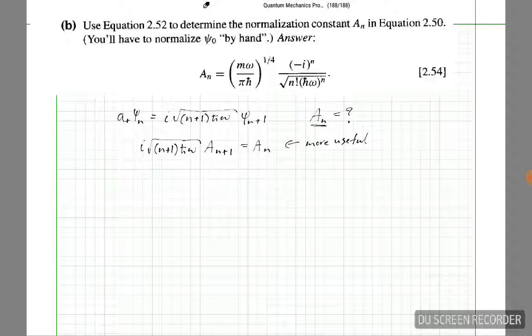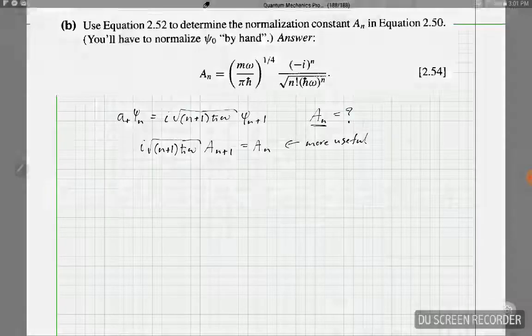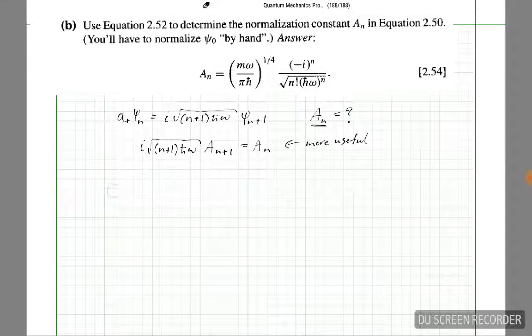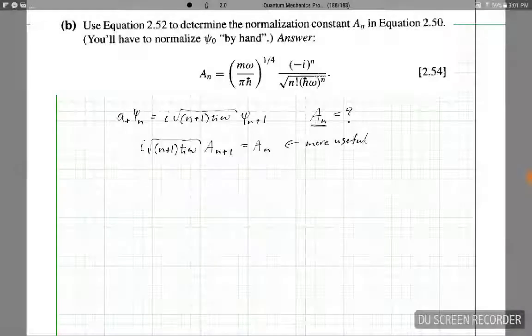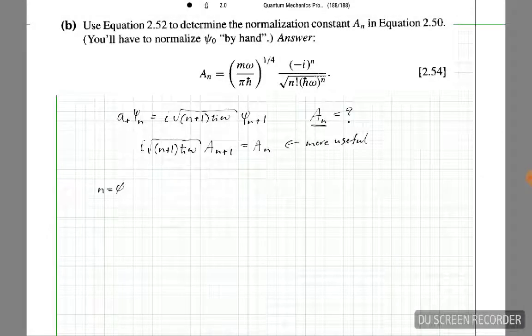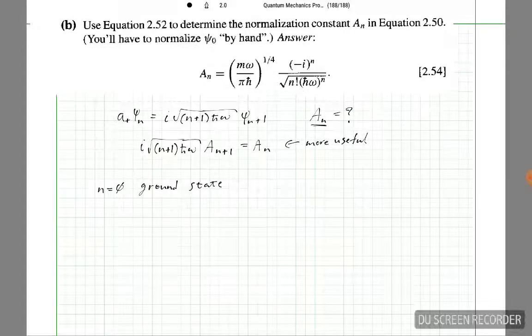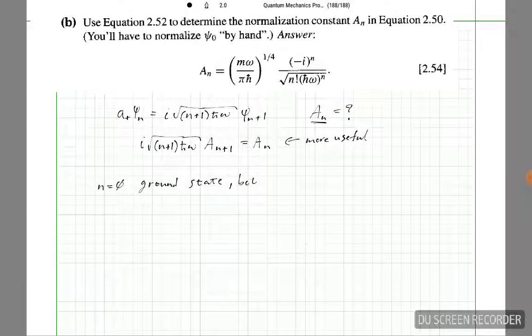So the easiest place to start is always n equals 0. Let's start with the ground state, because the ground state's easy, right? So I have a relationship where if I know what A of a specific energy level is, I can find the next energy level up. So I would like to find the bottom rung of my energy ladder. So I'm going to find the bottom rung first.